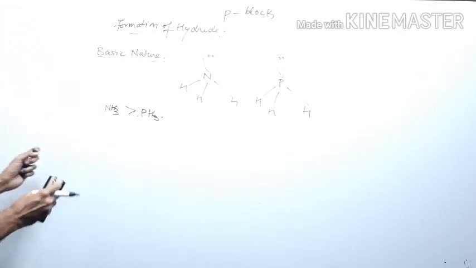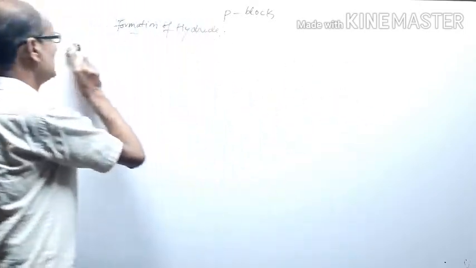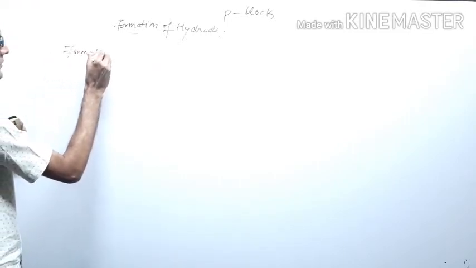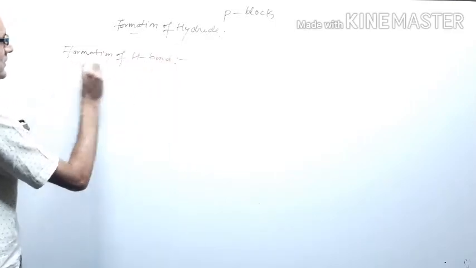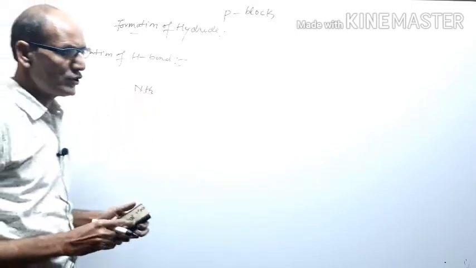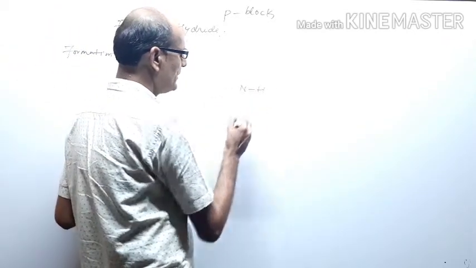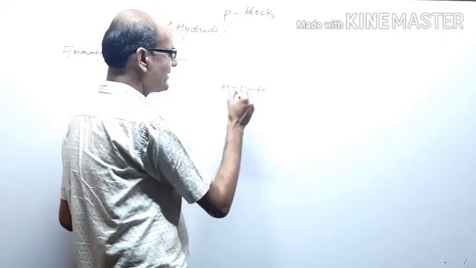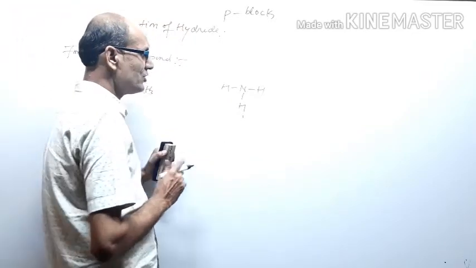Now the next property, formation of hydrogen bond. Ammonia contains nitrogen, and nitrogen is a highly electronegative element, and it contains an N-H bond. That's why ammonia can form a hydrogen bond, because the size of nitrogen is very small, as well as it has high electronegativity.